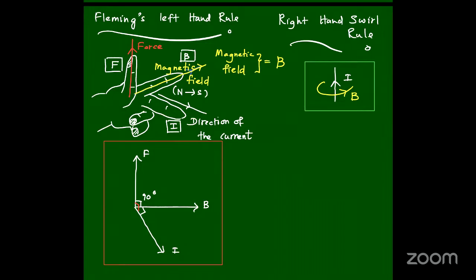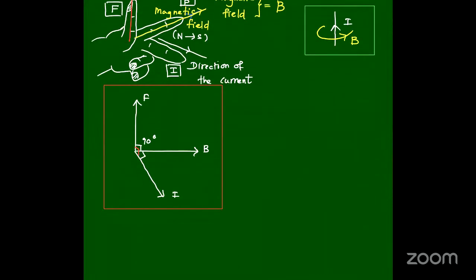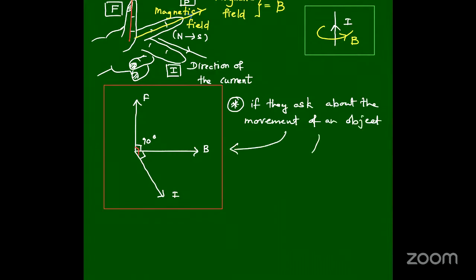So imagine in a question, if they ask about the movement of an object, then definitely you are going for Fleming's left-hand rule.